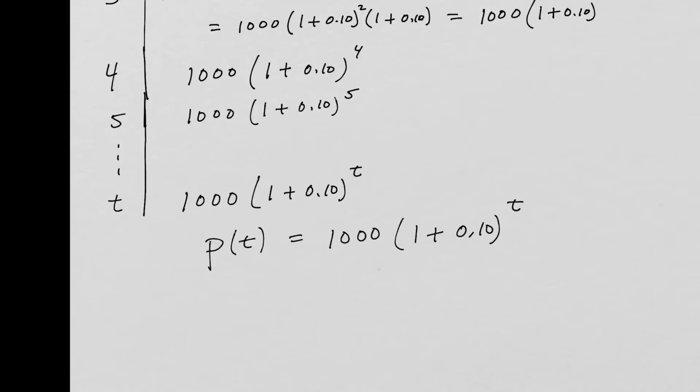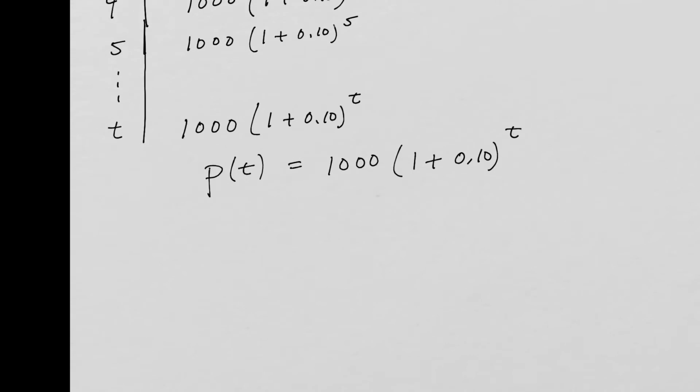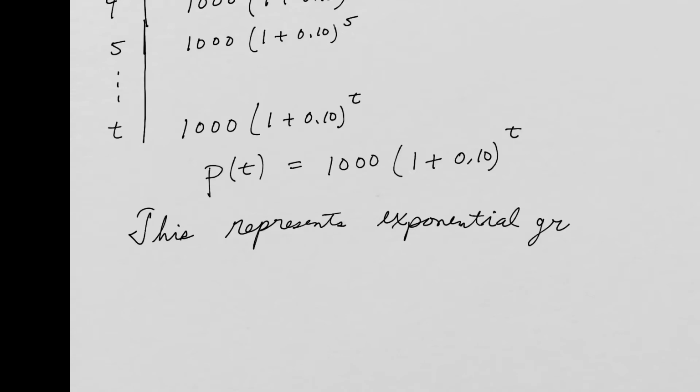And this represents exponential growth. When the variable, in this case the t, is in the exponent, it's going to be an exponential function. Right, and the difference is, see how in this case the t is in the exponent?